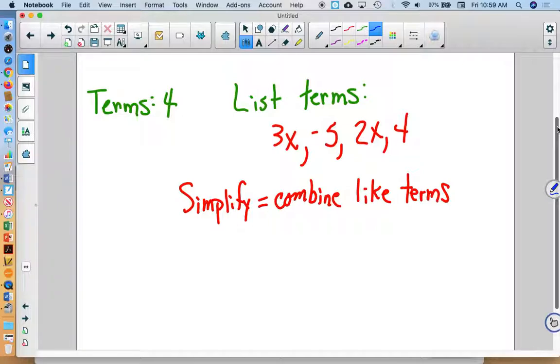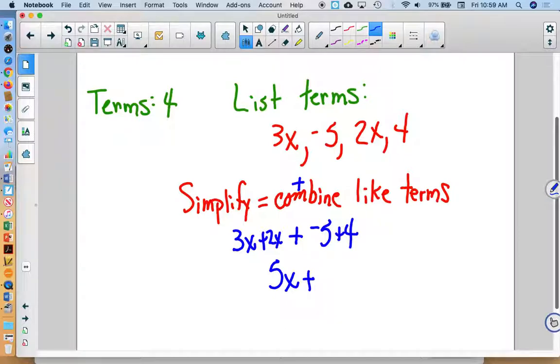3x and 2x. Okay, so I'm going to combine the 3x and 2x, and to combine means to add. So 3x plus 2x, and I get 5x, do you agree? Plus, I've got negative 5 plus 4.